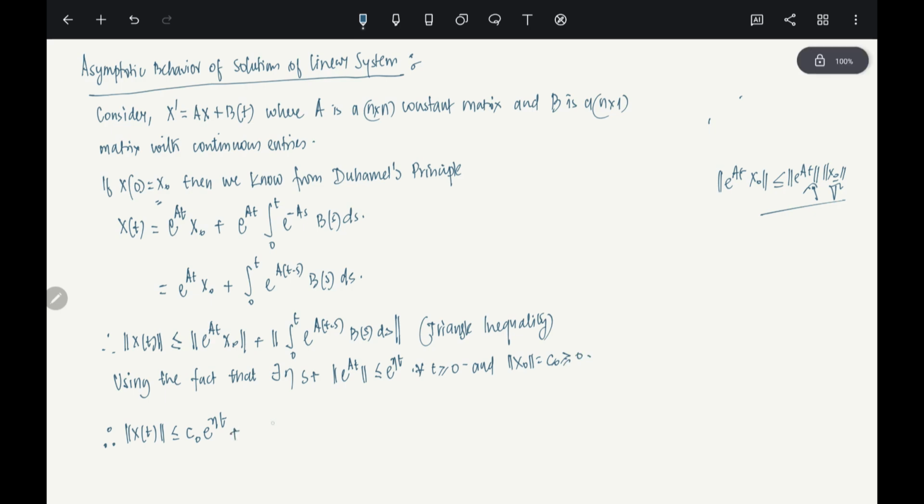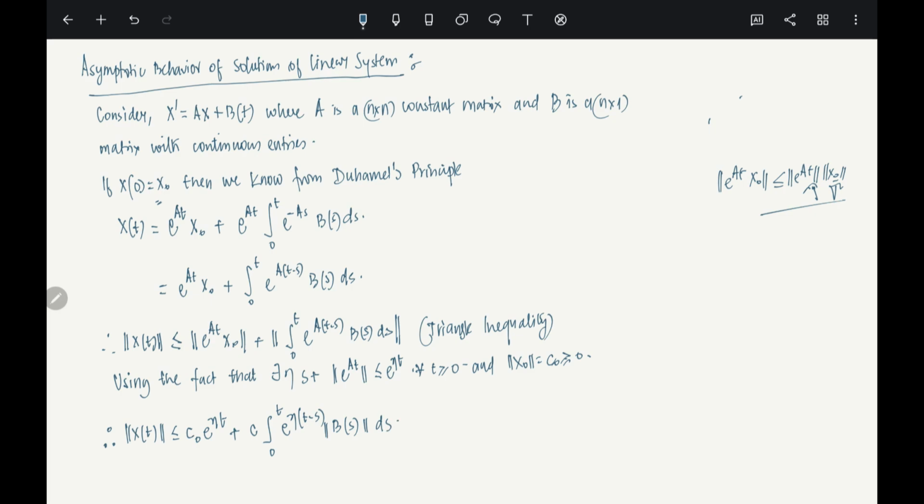Plus we can say that c times the integral from 0 to t of e to the power eta (t minus s) times the norm of b of s ds. I'm just taking the norm on both sides and writing it.